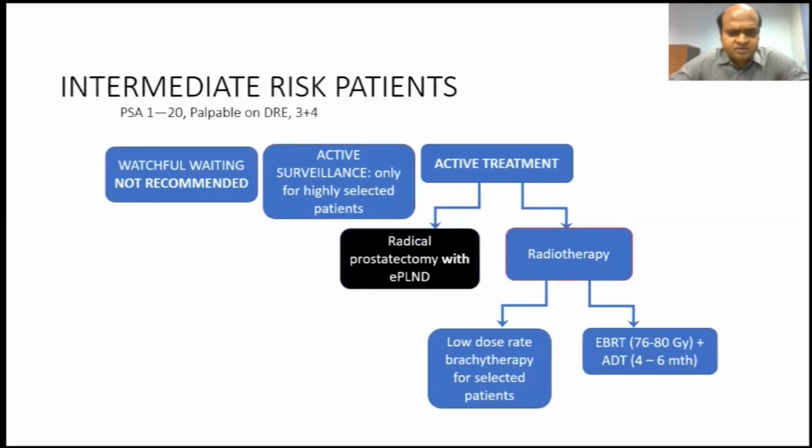In the intermediate risk group, the most commonly given or preferred treatment modality is radical prostatectomy with extended pelvic lymph node dissection. And in this risk group, radiotherapy is also an important treatment modality with a good cancer-related cure rate.